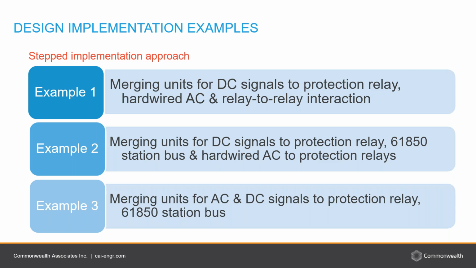But we are going to keep the hardwired AC to the protection relay. We've certainly seen some of our clients implement this style of implementation. And the last example is going to be merging units for AC and DC signals to the protection relay, including a 61850 station bus and process bus.